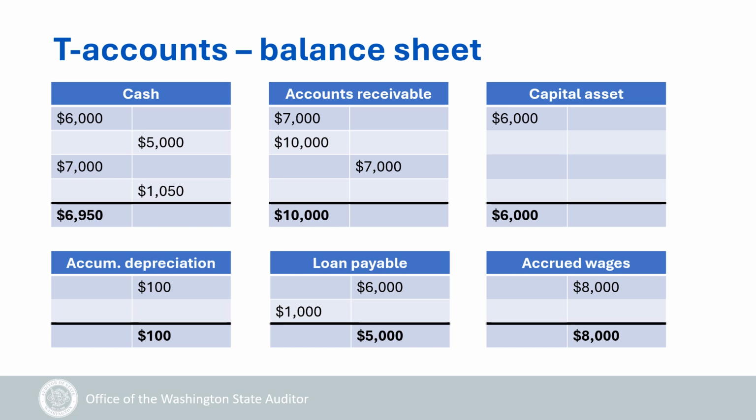We net the debits and credits for each account to show a final debit or credit balance. For example, in the cash T account, we add all the debits of $13,000 and subtract out all the credits of $6,050. That leaves us with a debit balance of $6,950. And we do the same for the rest of our accounts too.